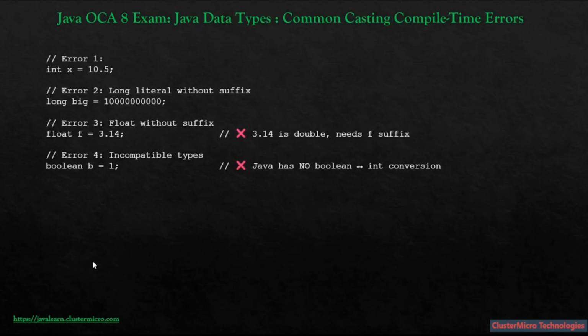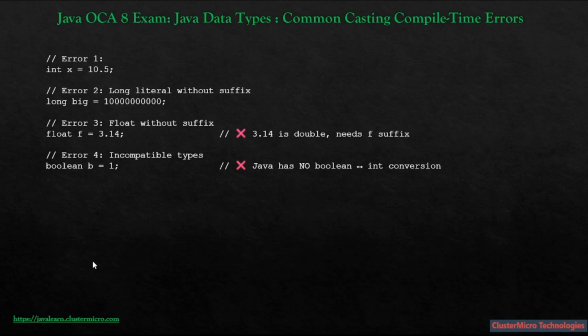So you have to tell the compiler it's a long value by putting an L suffix. Same goes with float: float f = 3.4, but 3.4 is a double by default, so it needs the f suffix.